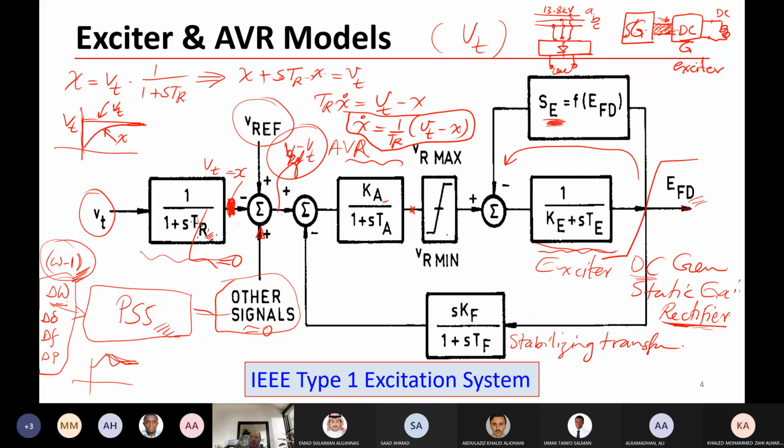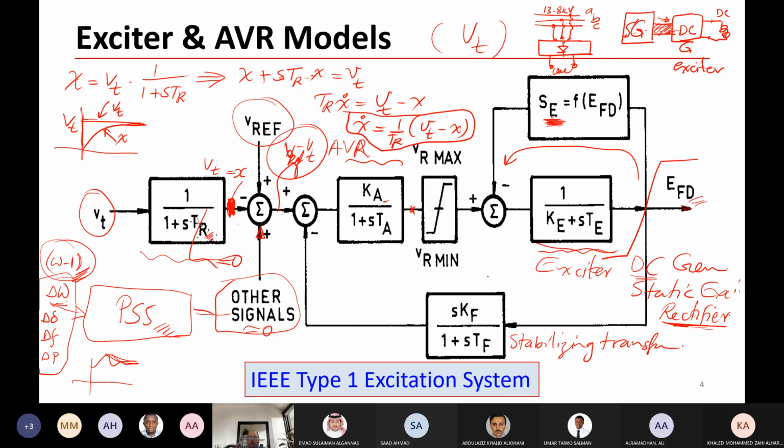SE is just a feedback gain. SE is a function of the field winding, which could be 0.1, 0.2, 0.3. This is a gain, so this is a scalar value. It depends on the value of EFD, and this is the scalar value, as we will see later on.